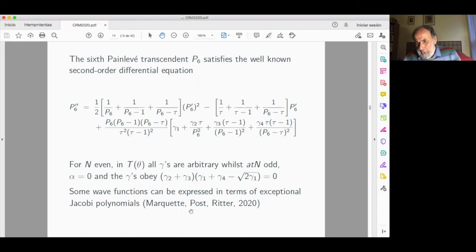However, we also know that all of the original Painlevé equations, the six Painlevé equations discovered by Painlevé and Gambier, all except Painlevé 1, have special solutions that are also solutions of linear equations. And that is where the orthogonal polynomials come in.